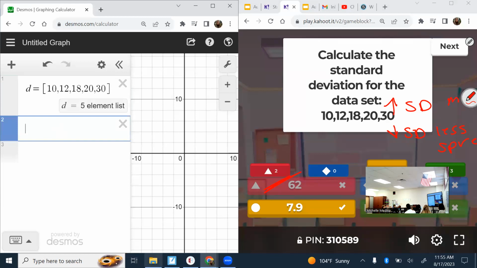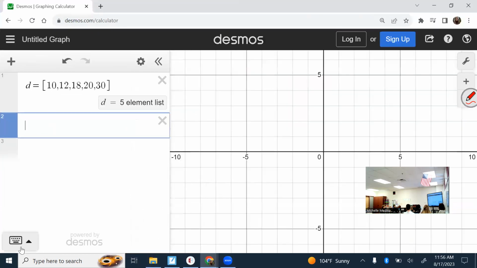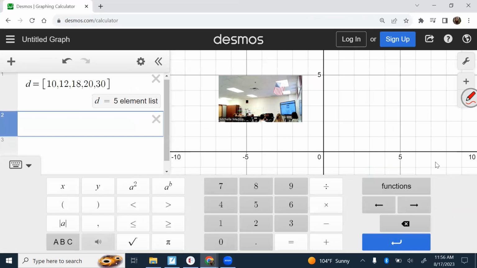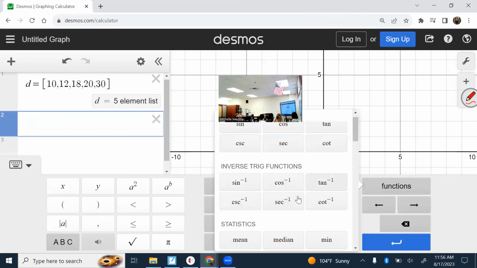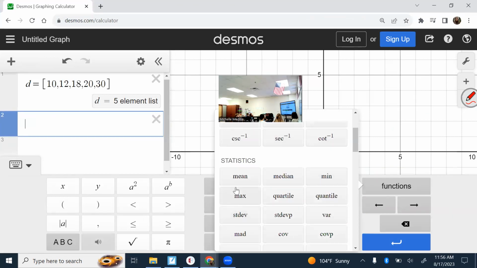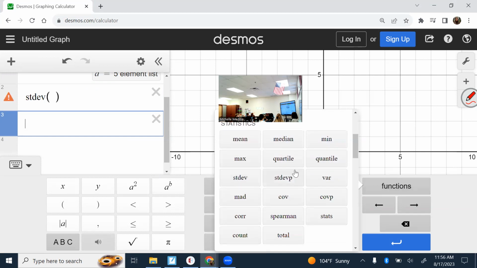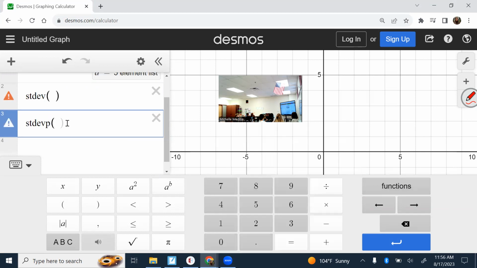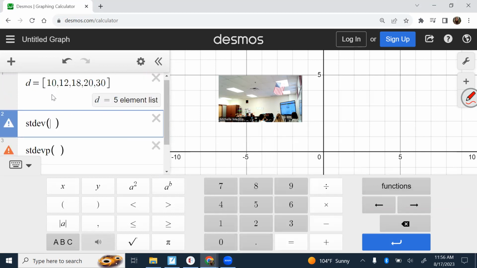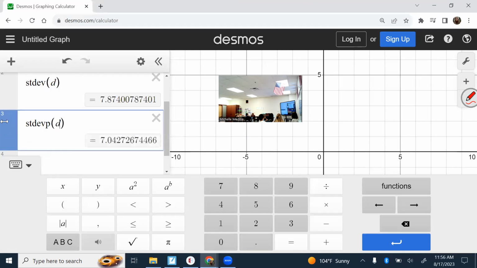And then if I want the standard deviation, that might be easier to find with the functions button. Scroll down to statistics. That's the unit that we're on. I usually just find both because there's normal standard deviation and then standard deviation of the population. I never know which one to use unless there's more words in it.